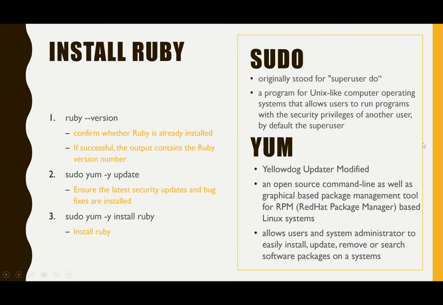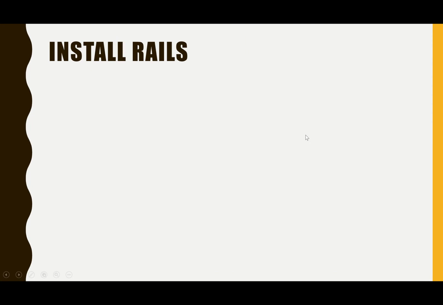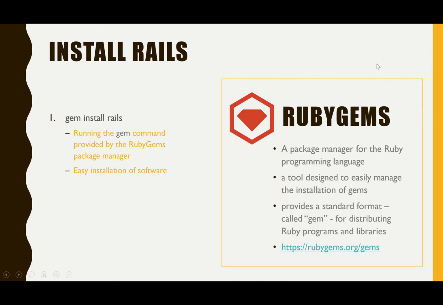Alright, so moving on, the second step will be to install Rails. This is going to be very easy. We are going to tap into Ruby gems to install Rails. So you're going to run the command gem, which is provided by the Ruby gem package manager, and it's going to assure a very easy installation of the software, which was promised by Ruby on Rails, as I explained in the first video. Ruby gems is a package manager for Ruby.